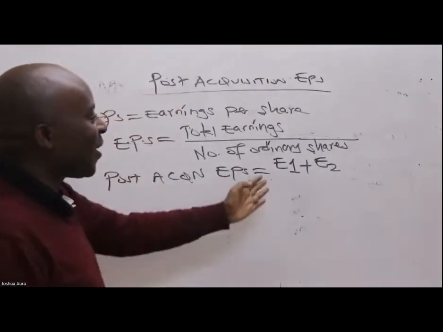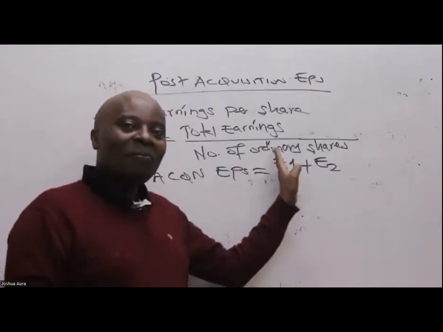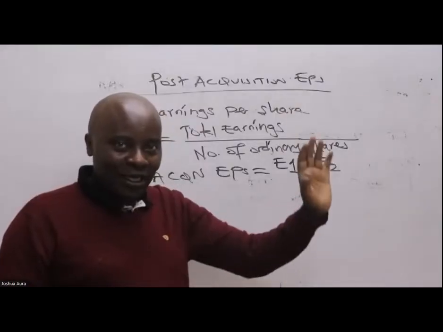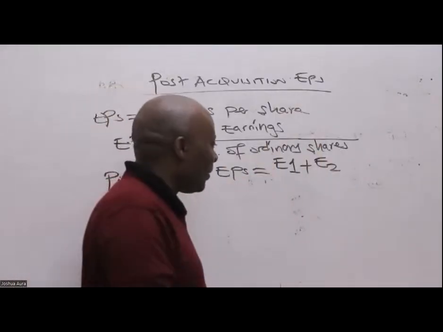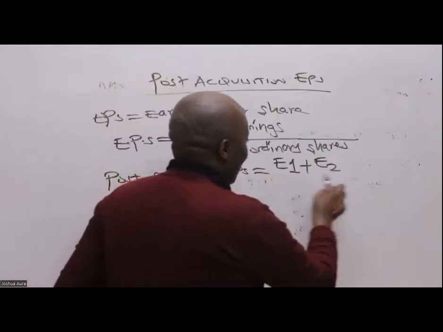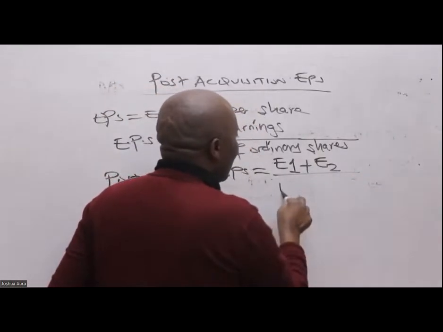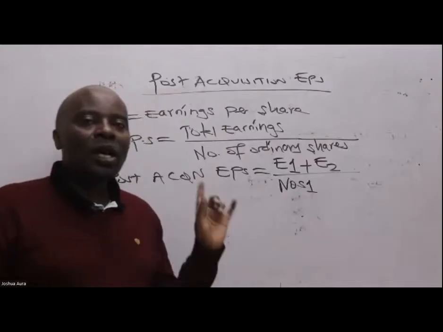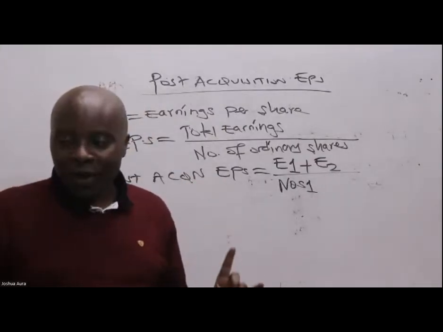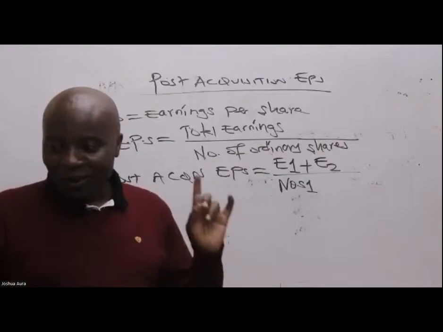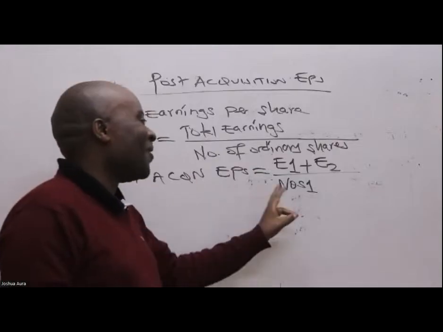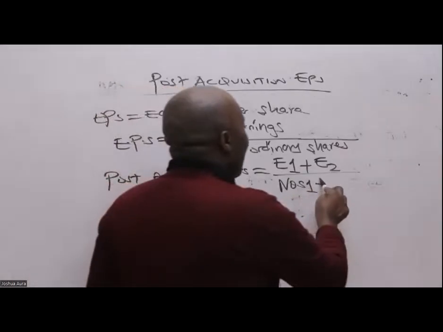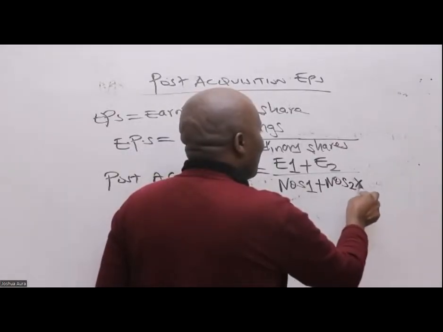So you take earnings of the husband plus earnings of the wife, lock them. The wife throws her key to the man. The man, being the head of the family, should be able to run the family finances. All over, then we have NOS1. Whenever you see NOS, it stands for number of ordinary shares, plus number of ordinary shares of company 2.